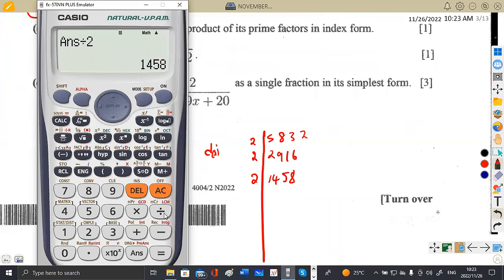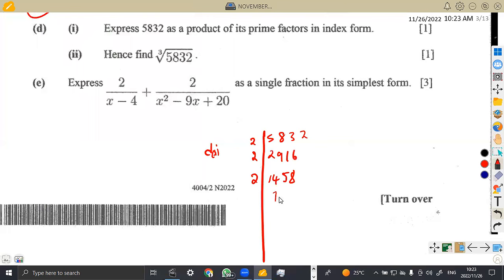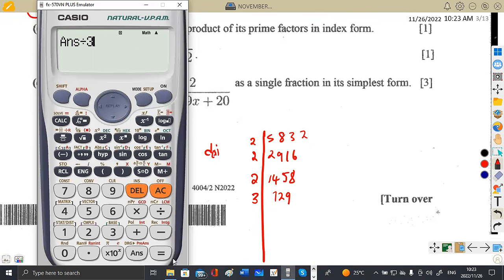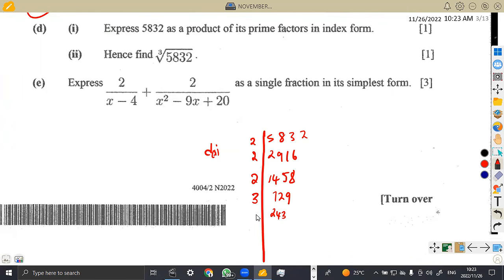So 1,458 divided by 2, we get 729. Of which 729 we can't use 2 because 9 is not a multiple of 2. So we're going to move on to 3. Let's try 3. 729 divided by 3, that is 243. So you're going to have 243 divided by 3 again.